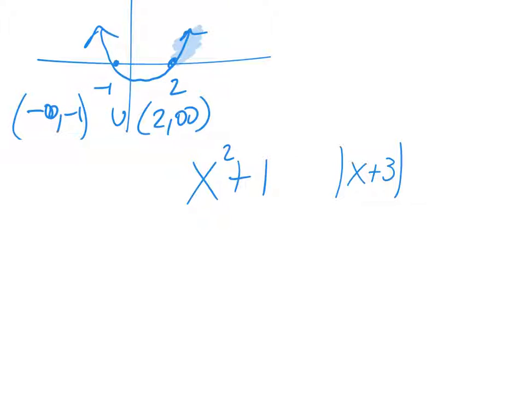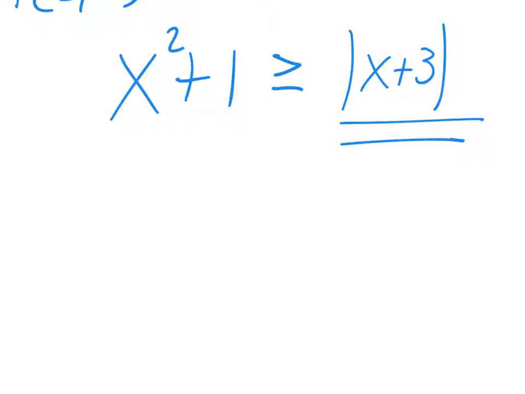And they say, hey, I wonder when the parabola is bigger than or equal to the absolute value. Now, this is going to be tricky because it's got both absolute value and parabolas. Parabolas need to be solved using factoring or the quadratic formula, and the absolute value needs to be solved by splitting it up into 2 parts. And yeah, this is as gross as it's going to get.